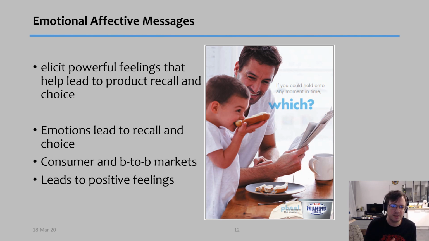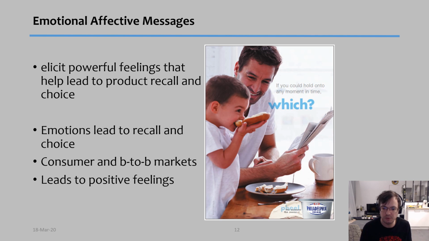The advantage is that emotions can lead to recall and to choice. This works both for B2B markets, so business to business, and for business to consumer. And the main advantage indeed is that it can lead to positive feelings, and these positive feelings will be associated with the brand itself.